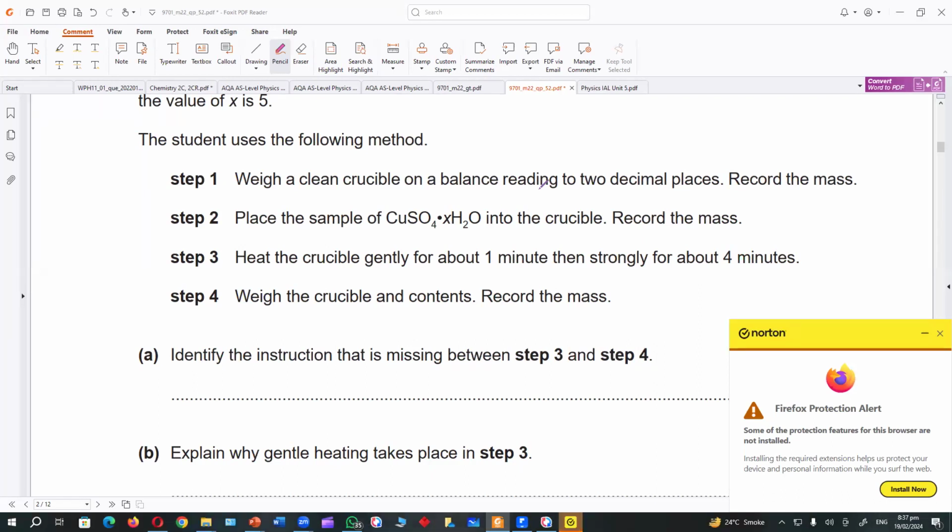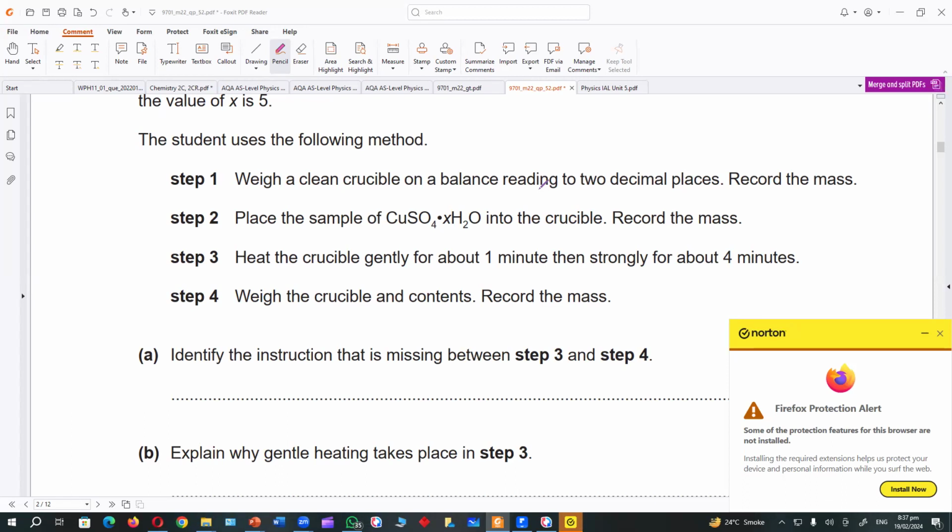So what are the 2 steps missing? Step 3 and step 4, because when something is hot, can you directly weigh it or should you allow it to cool?